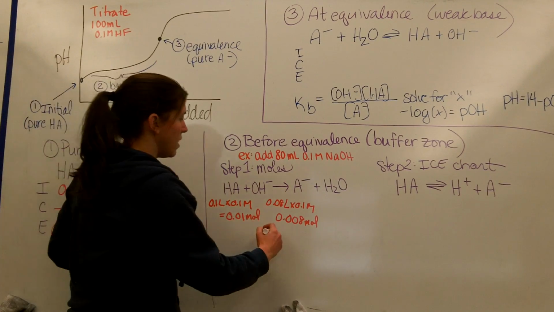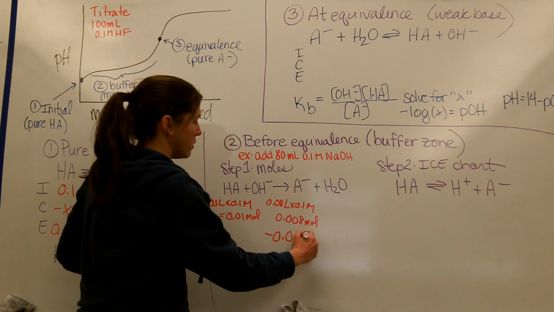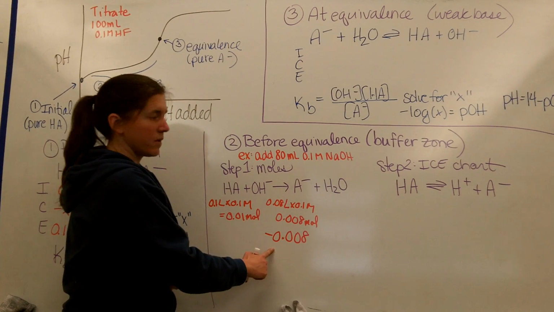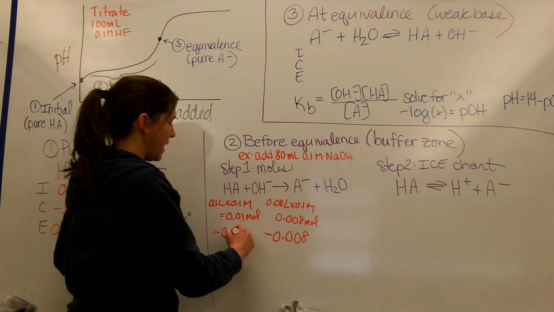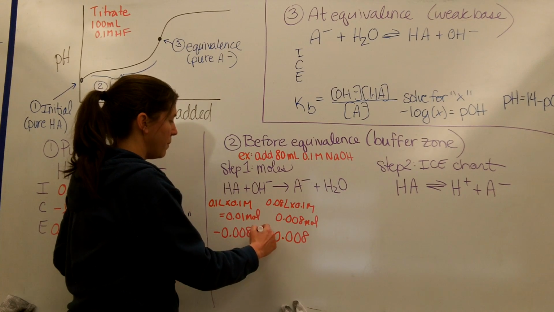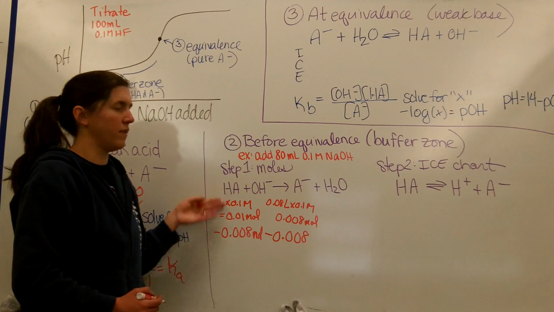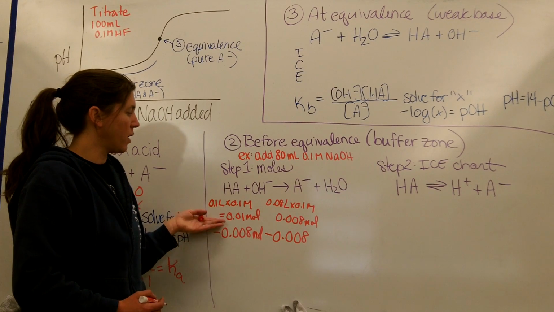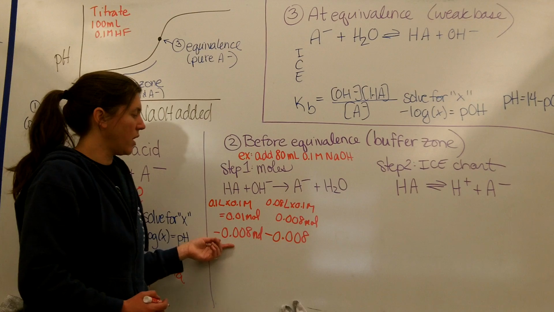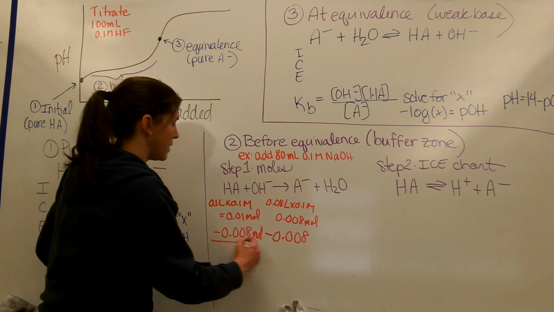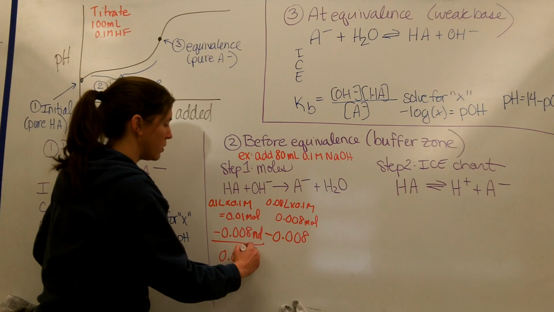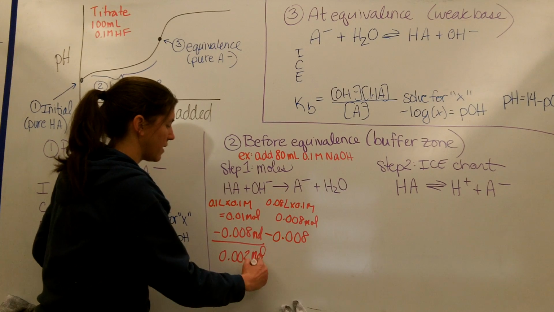So what happens, all of my base will get used up, so all 0.008 moles of it will get used up. And then every OH- that gets used up will react with 1 mole of HA. So if I start with 0.01 moles of HA, 0.008 of them will be used up, so I'm left behind with 0.002 moles of HA.